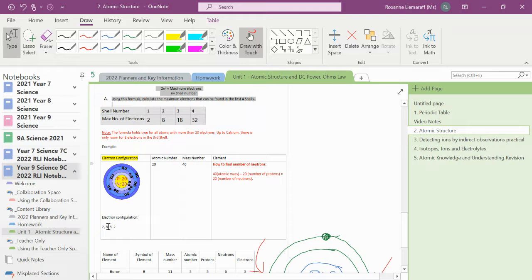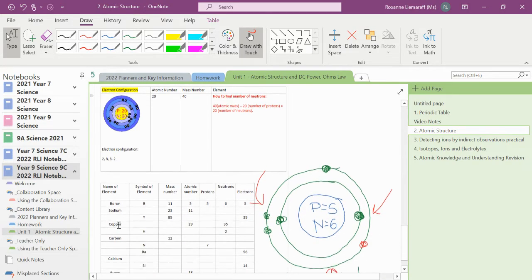Then I can see I filled up the second shell, but I still have electrons left over. So then you fill your third shell, which can hold only a total of 8 electrons in this case. And so I fill that up with 8, and then I'm left with 2, so that will be drawn on my very outer shell.